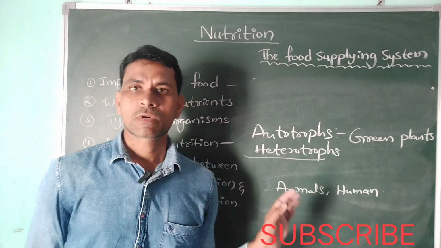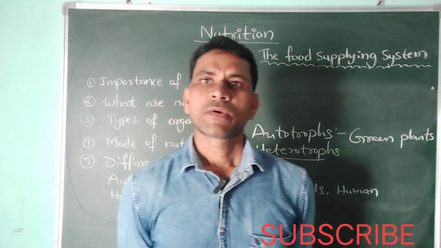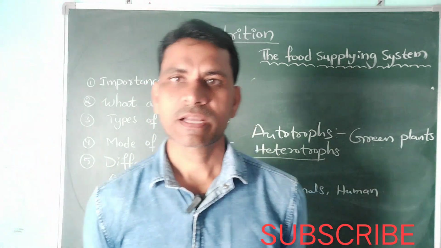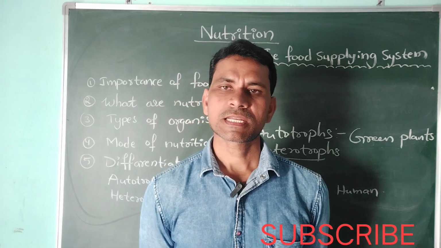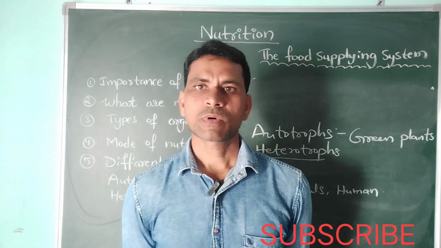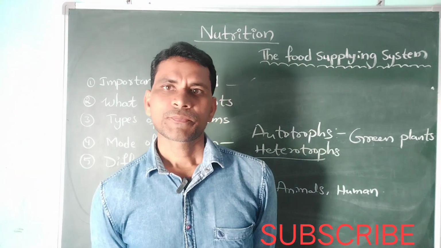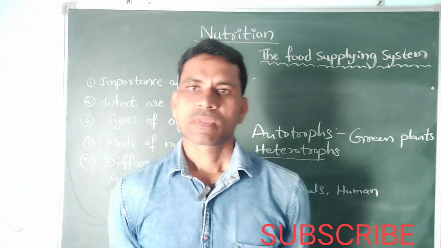What topics have we covered today? First one is importance of the food. Every organism requires food for growth, repair, regeneration, and to maintain body temperature. Second one is what are nutrients?